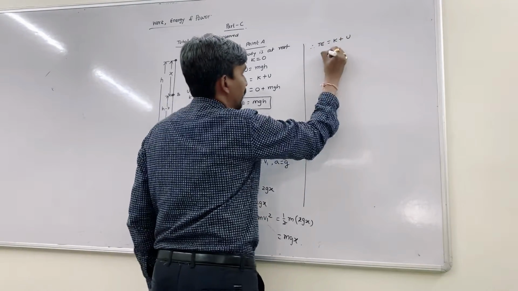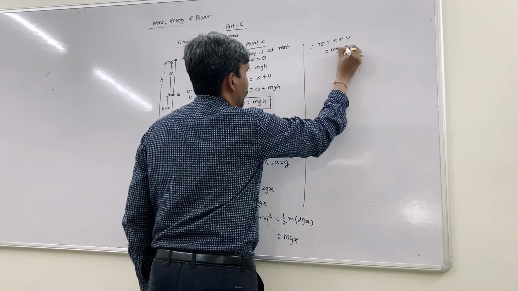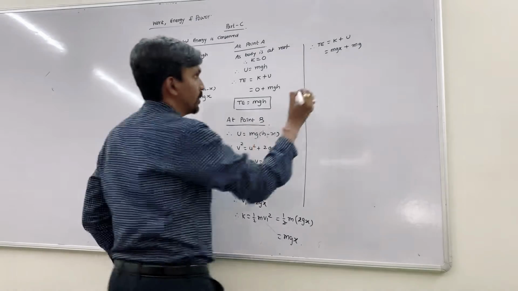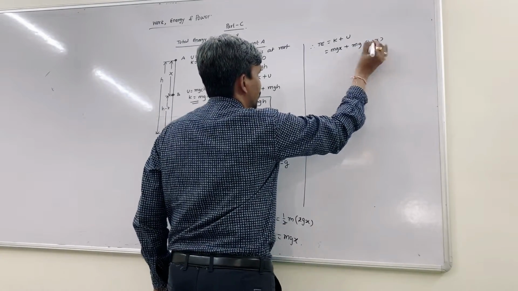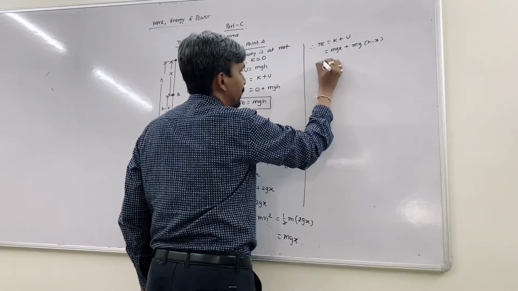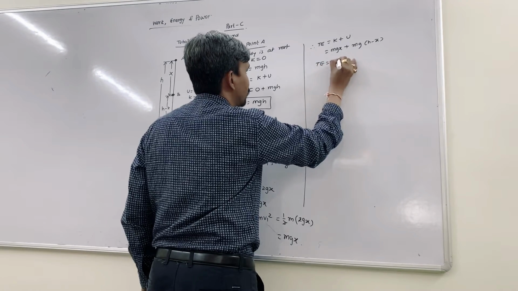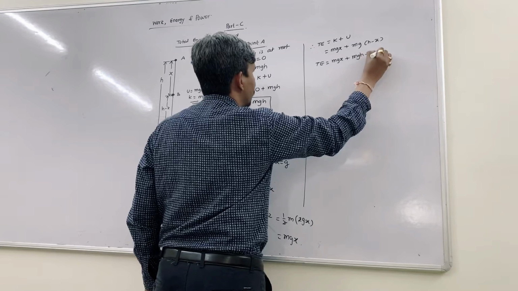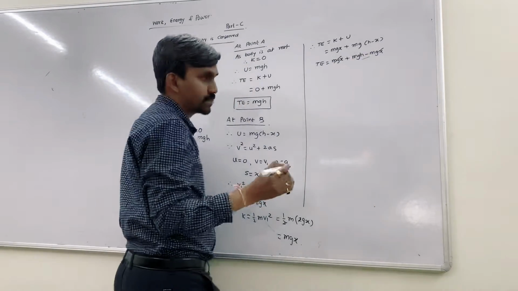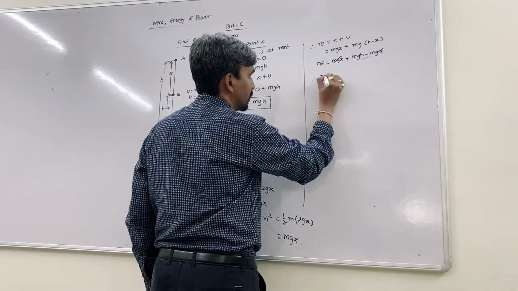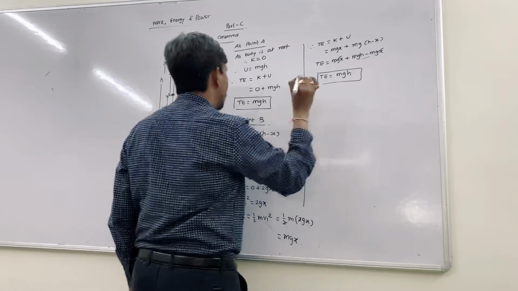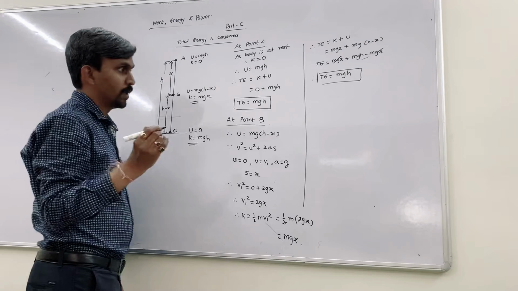Kinetic is mgx plus potential is mg times bracket h minus x. I will open this bracket and then I will get total energy as mgx plus mgh minus mgx. mgx cancels. So total energy is equal to mgh. This is about part B.